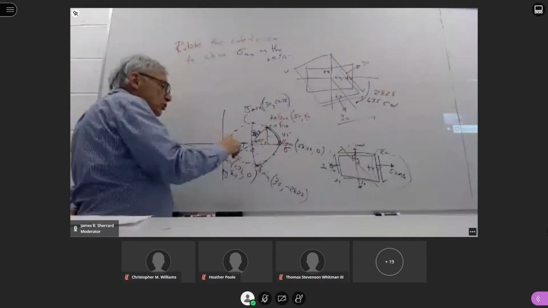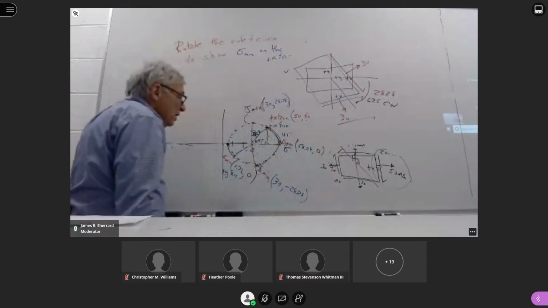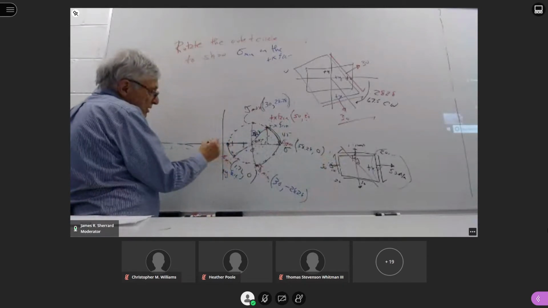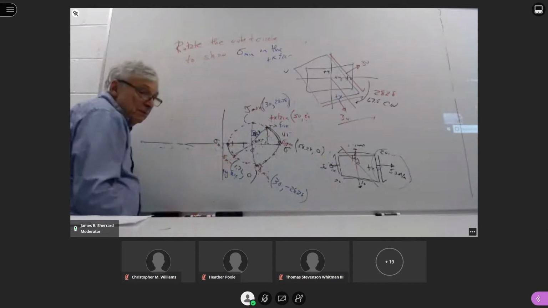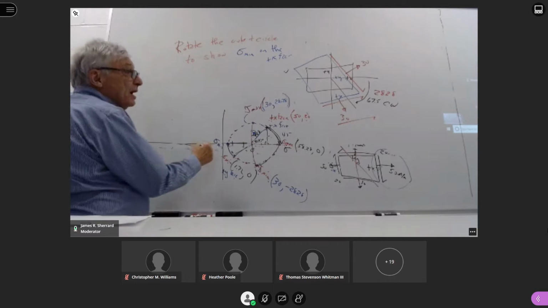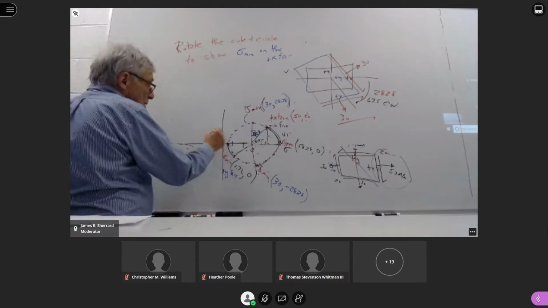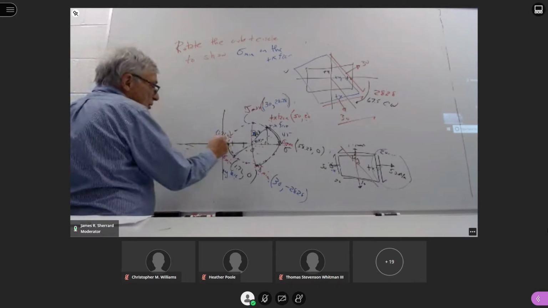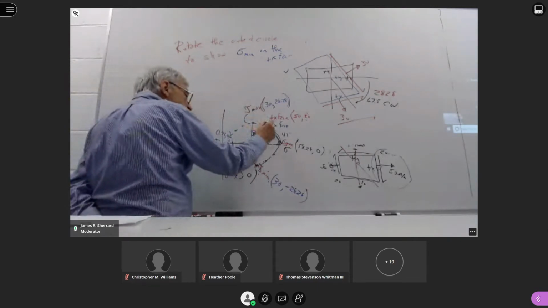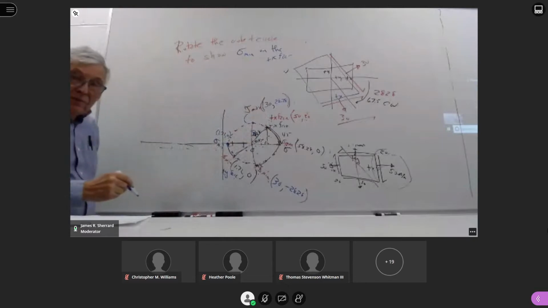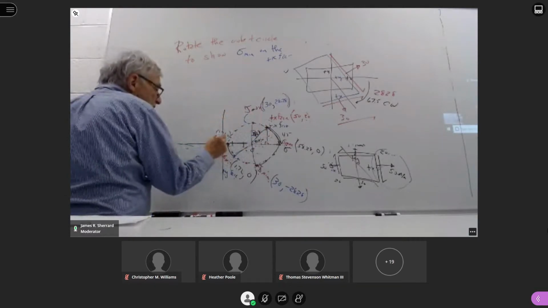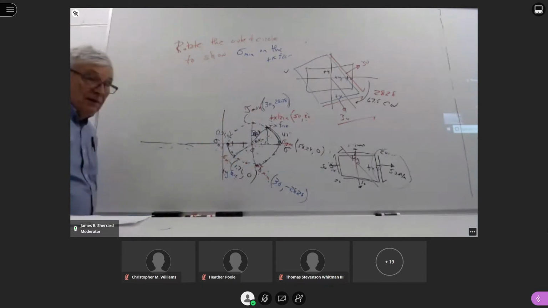I want to rotate the circle and then rotate the cube to show this is sigma min. I've erased it, but that was 1.72 and 0. So I want to rotate this to here because I want to show this value on the plus x base.